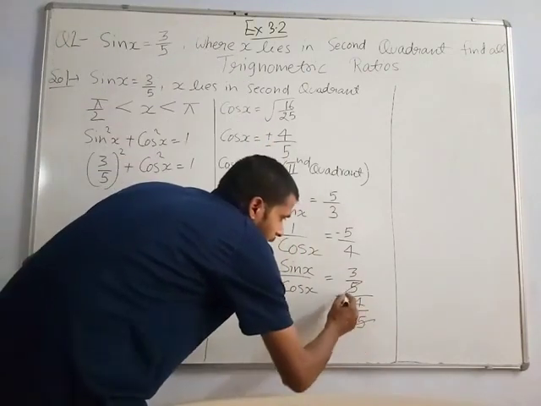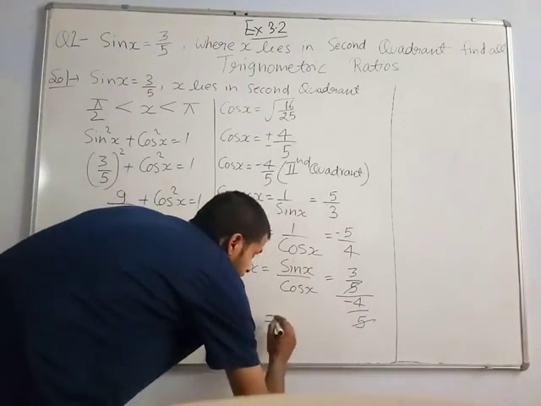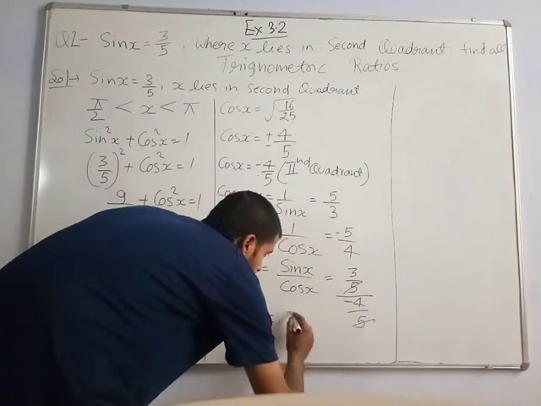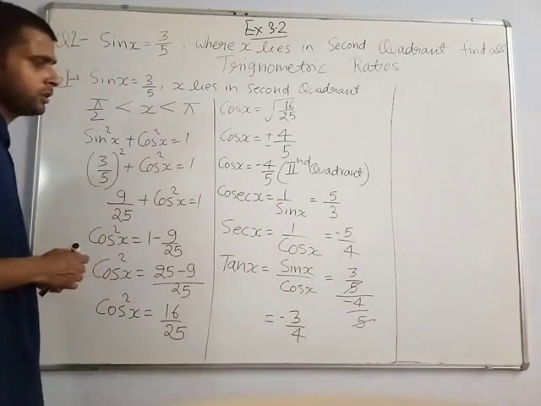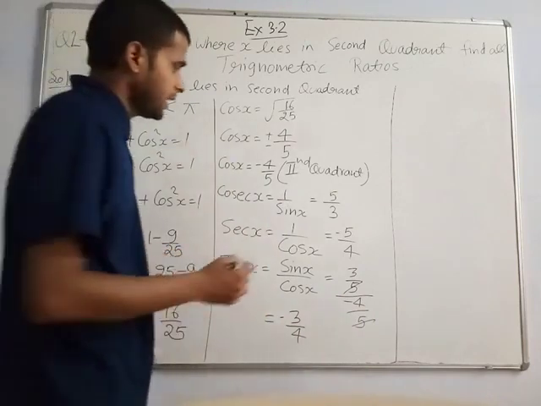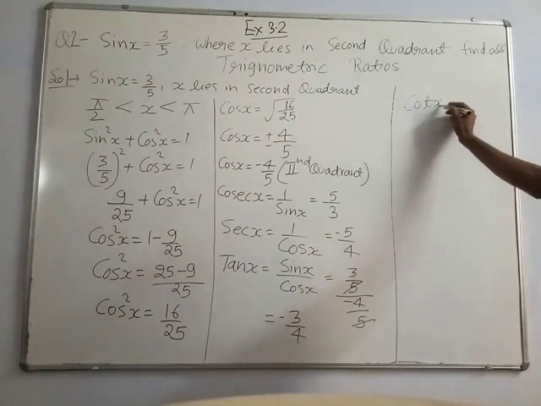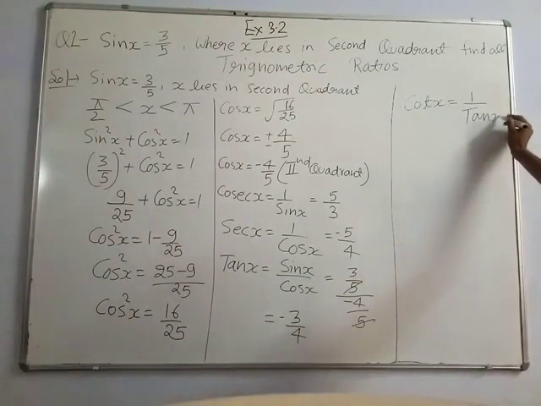So the 5 cancels. So the answer is minus 3 upon 4. Okay, and the opposite of tan x is cot x, which is 1 upon tan x.